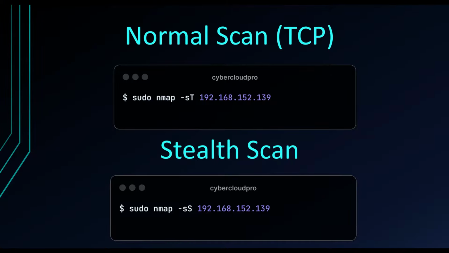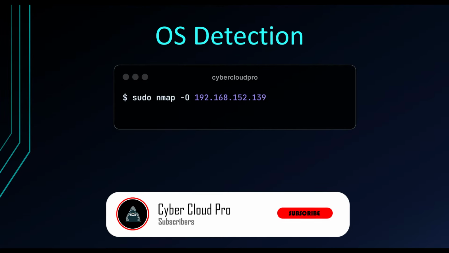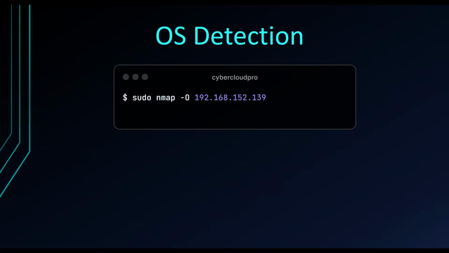What if you want to detect the OS of a target machine, or the OS running on the network? For that, you need -O. And what if you need to detect the OS version, protocols running on different ports, their versions, everything in a single command?